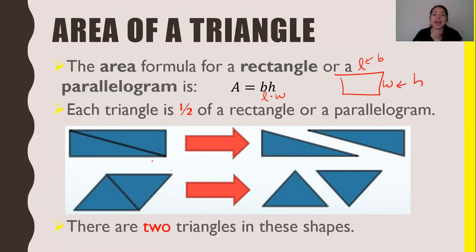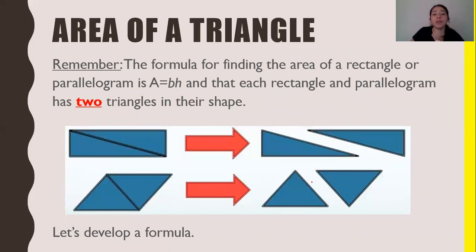Each triangle is half of that amount. There are 2 triangles in these shapes, so we want to find half of base times height.